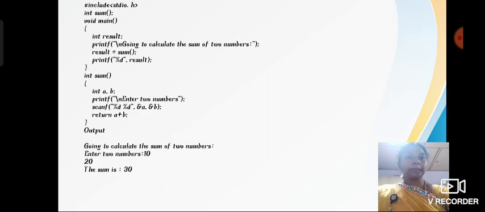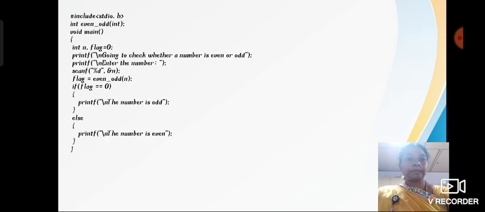Next one. In this program also we are not passing any parameters, but we are returning the values. So we are returning the value of a plus b. Next one. So here int even_odd, so inside that bracket we are giving the int.